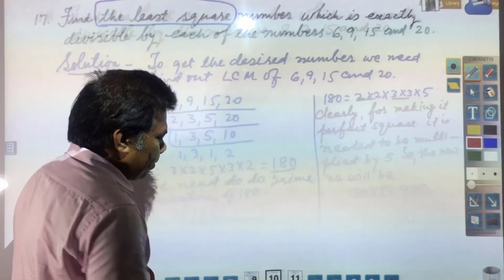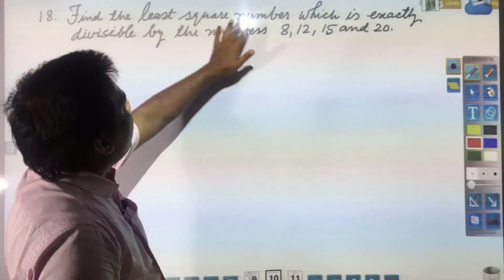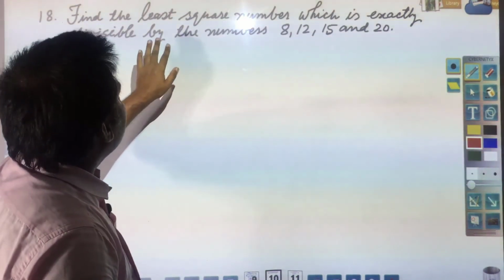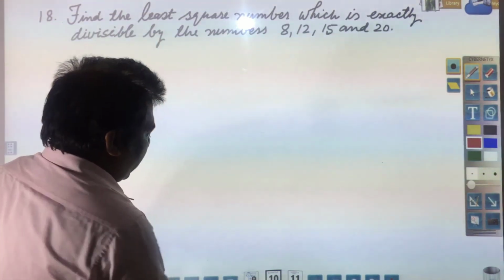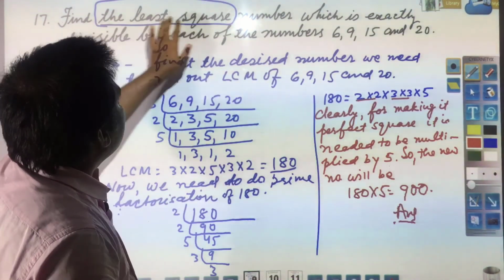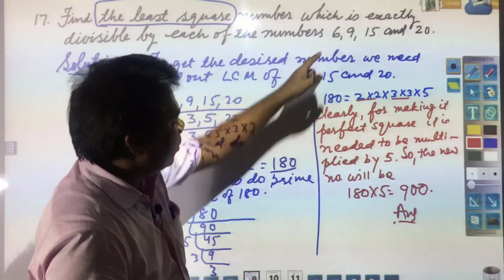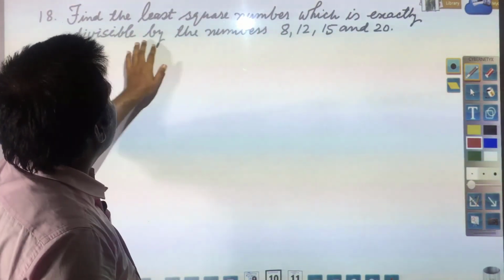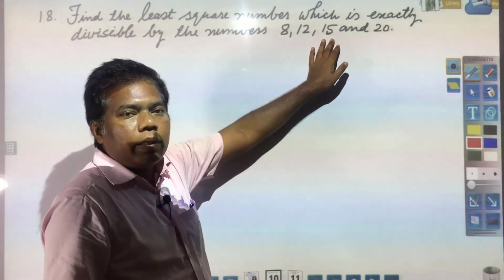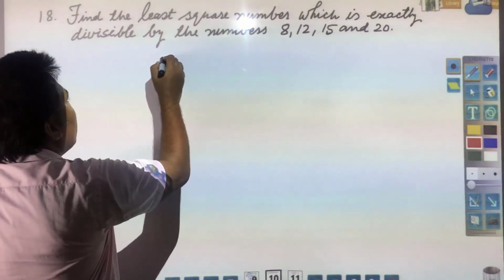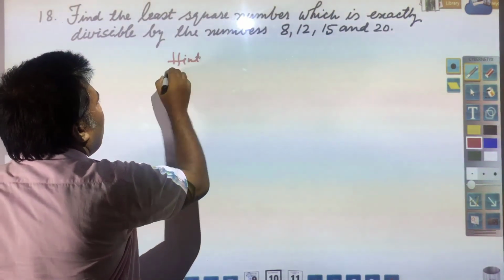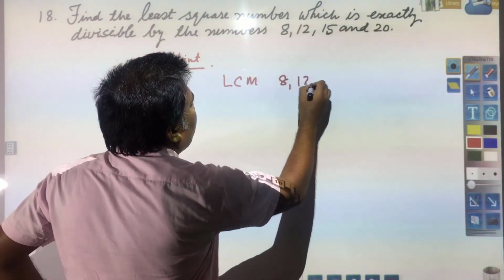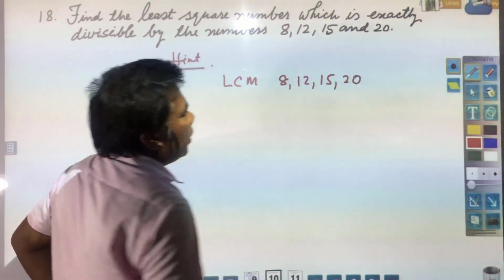Next question you see, find the least square number which is exactly divisible by the numbers 8, 12, 15 and 20. The same question is there. What question have you solved just now? Find the least square number which is exactly divisible by these numbers. First you need to find out the LCM of 8, 12, 15 and 20.